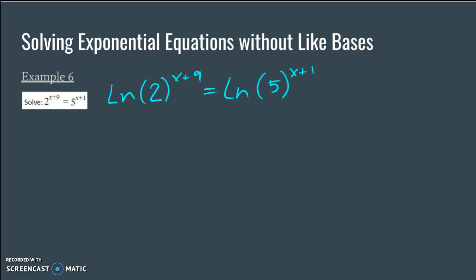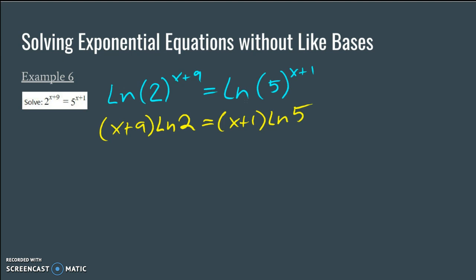I next will be able to rewrite this using the power property of logarithms, so I can take the x plus 9 and the x plus 1 and put them into the front of both logarithms. And it really isn't anything fancy, it just ends up being x plus 9 times the natural log of 2 equals x plus 1 times the natural log of 5.